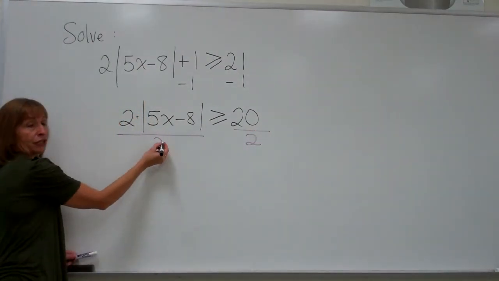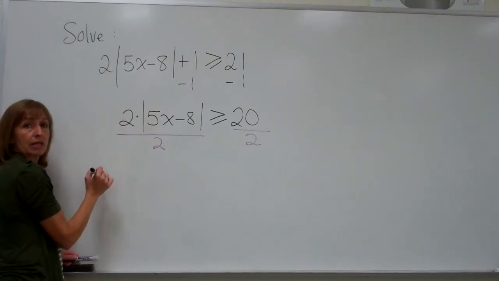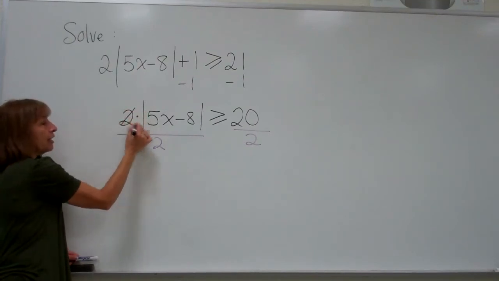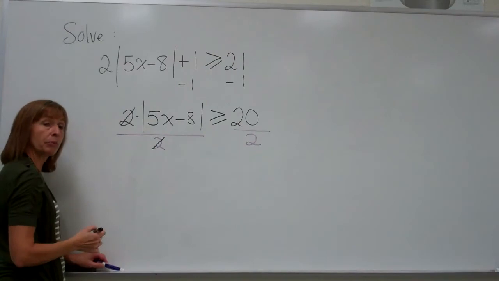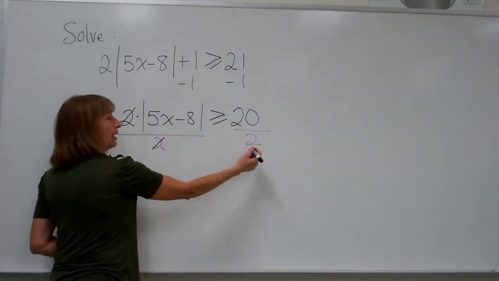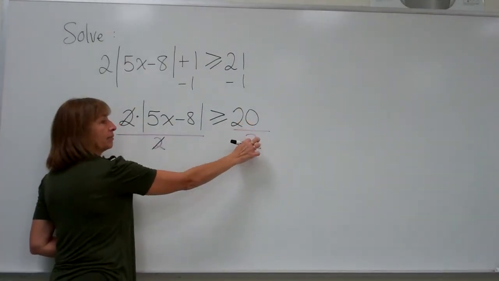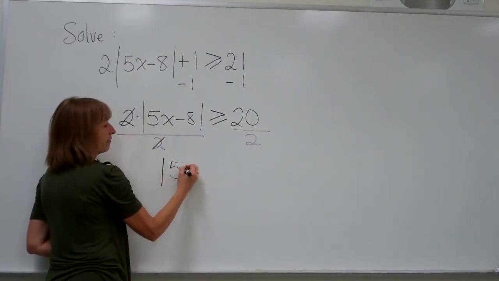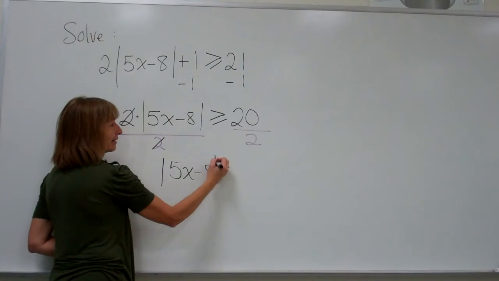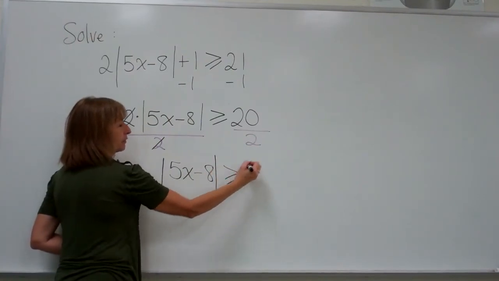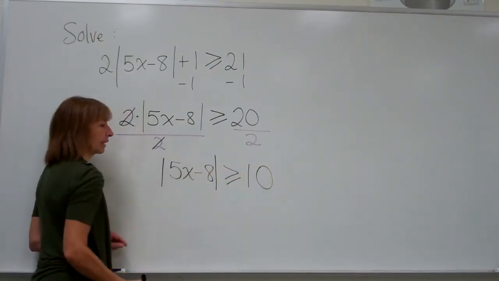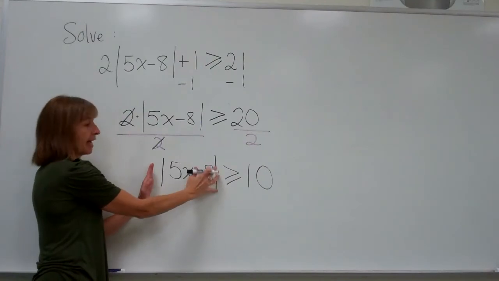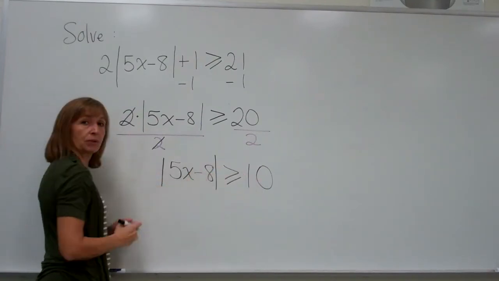Here, when I divide by 2, and this 2 is attached outside the absolute value by multiplication, my common factors of 2 can be removed. And then on the right-hand side, my 20 divided by 2 will give me 10. So we have the absolute value of 5x minus 8 is greater than or equal to 10. Now the absolute value of the expression is on a side of the inequality by itself with respect to a number on the other side.